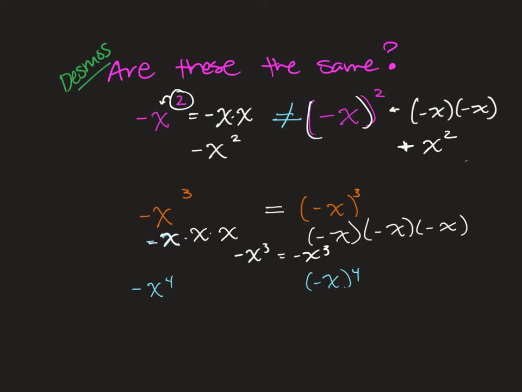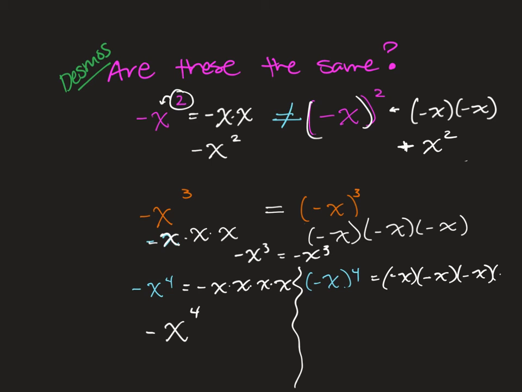With the fourth power, where I have 1 negative here, this is going to be negative x to the 4th, 1, 2, 3, 4. And here we would have negative x, negative x, negative x, negative x, and 2 of these make a positive, so we end up with a positive x to the 4th.